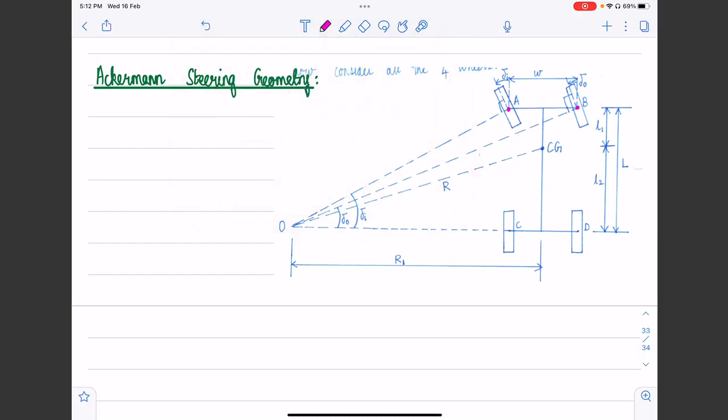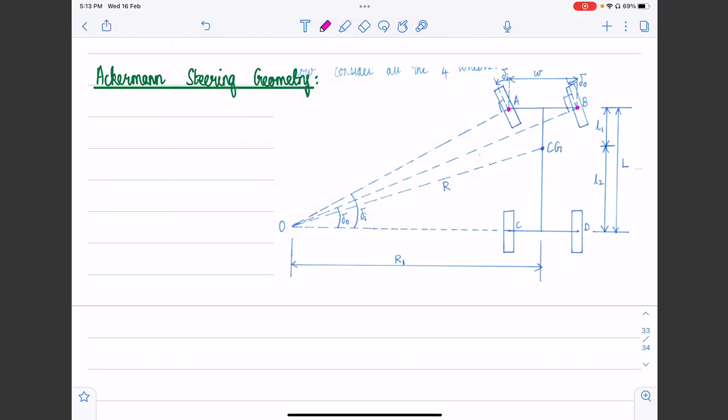We assume front wheel steering, and these are the two wheels that are being steered. Without loss of generality, we are drawing this diagram by looking at the vehicle from the top, and let's say that the vehicle is steered to the left.